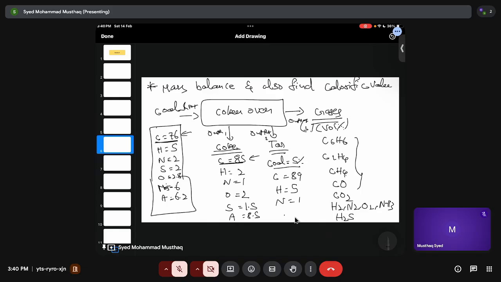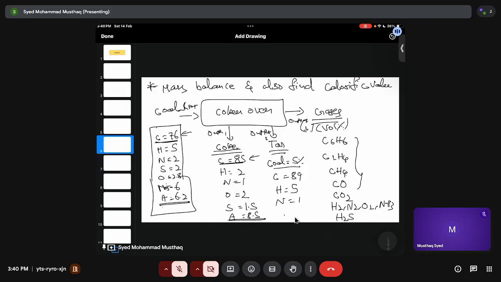Or the best one is to take the one compound which is not involved in different outputs. So let's say if I take ash, it is only involved at one input and one output. You can do that mass balance and find the amount of coal that is necessary.